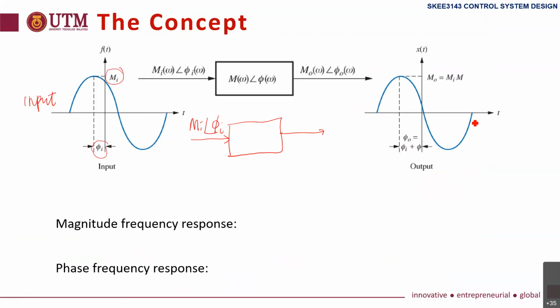The output we know has the same frequency, but the amplitude and phase are different, so we write M_o, phi_o.